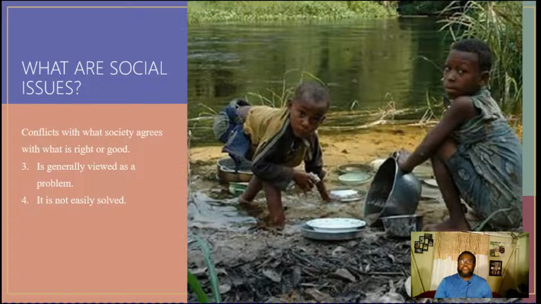And the thing about social issues is that they are not easily solved. Take drug abuse: as much as we fight it, society still has to fight against it to protect the majority, and it becomes a problem. It costs money, it costs life, and as I said, it costs opportunities.